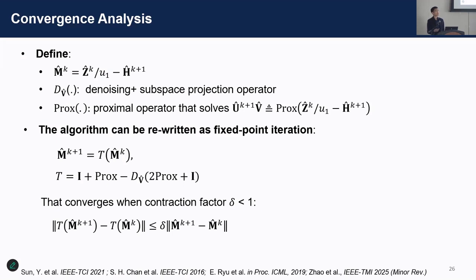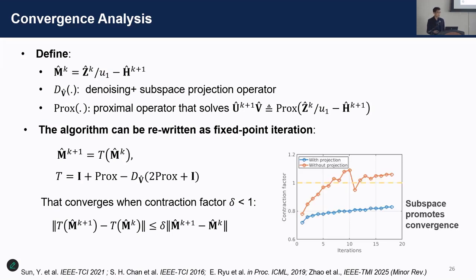But what we did is a numerical validation, computing this contraction factor for our operator through different numbers of iterations. As you can see here, without the subspace projection, the contraction factor gradually increased and went above 1, giving us unstable performance as we progress through the iterations. But introducing the subspace projection helped promote the convergence and actually achieved better performance in this case.